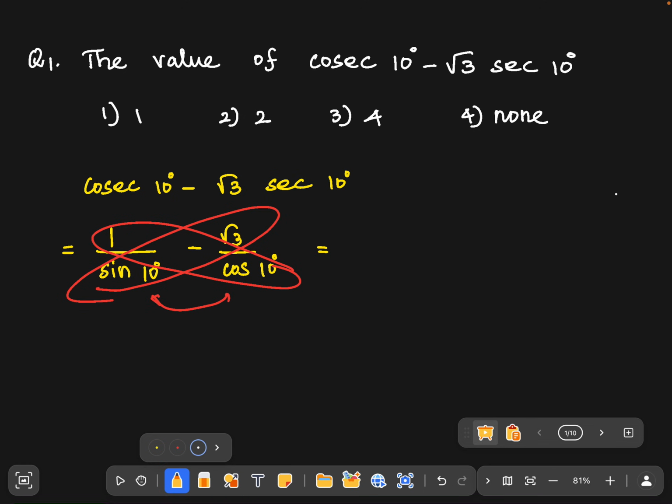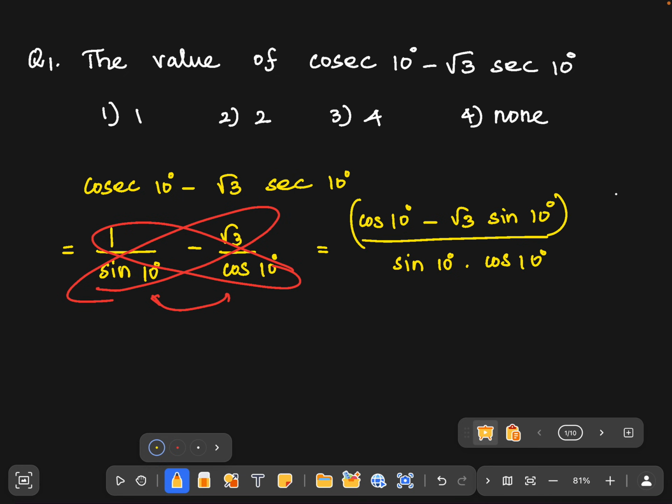So cos 10 degree minus root 3 sin 10 degree divided by sin 10 degree into cos 10 degree.